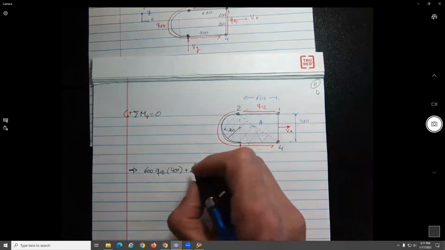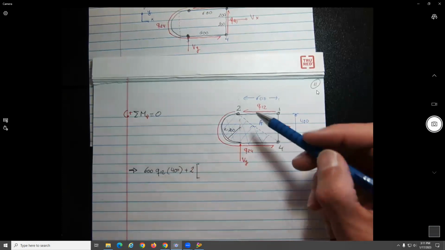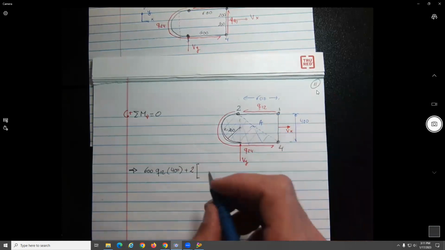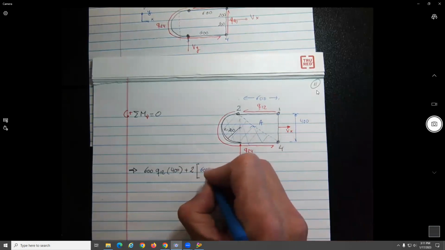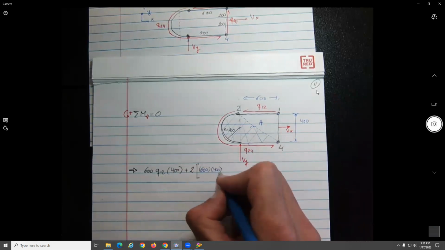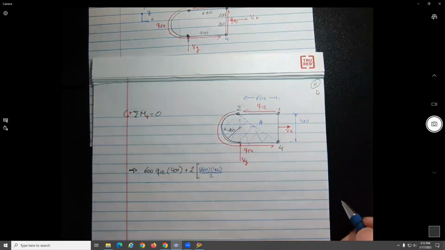So this is 2. What will be A? Let's first look maybe at this member. This triangle would be 600 times 400 divided by 2.